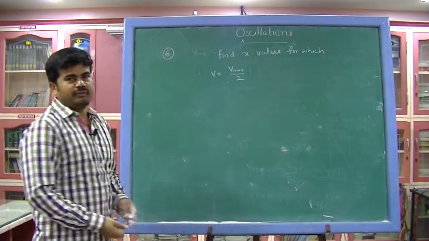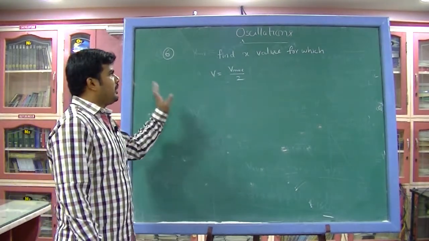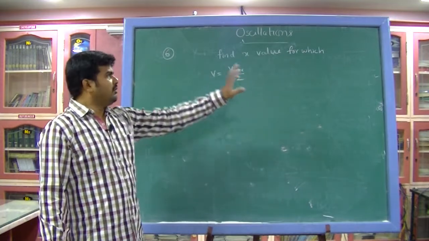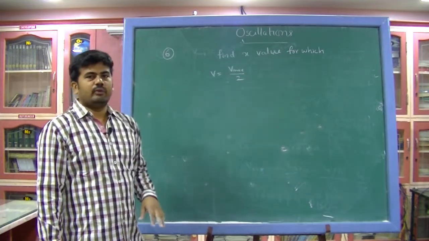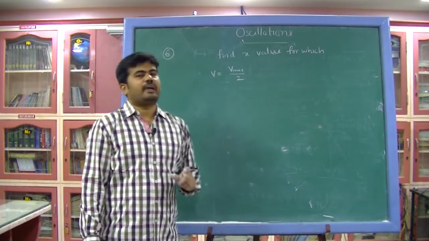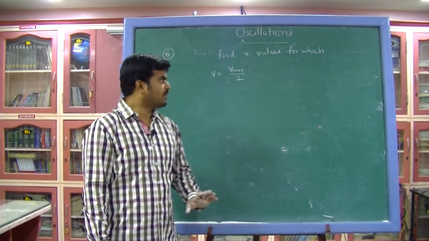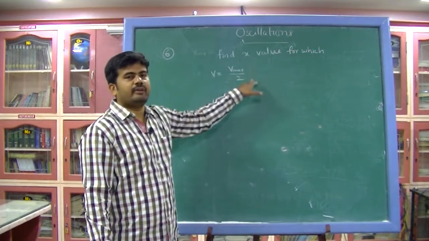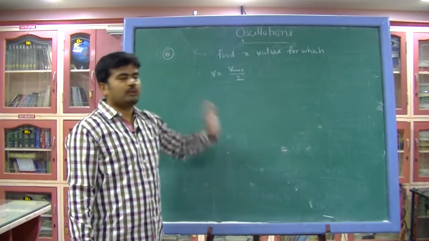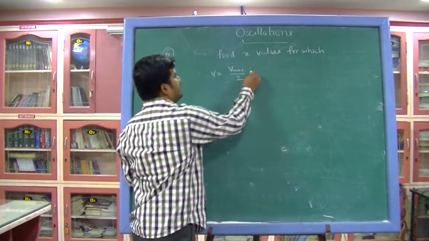This is the question in brief. A particle is doing SHM along the horizontal direction. Find the displacement value at which the speed of the particle becomes half of its maximum speed value. So I represented it in brief form: V equal to V maximum by 2 is the condition.